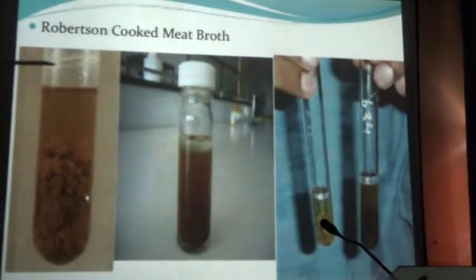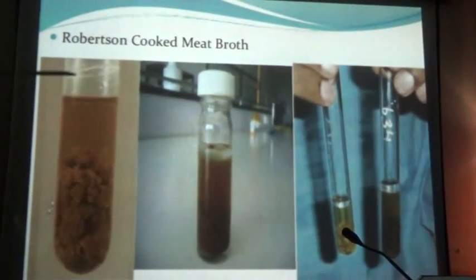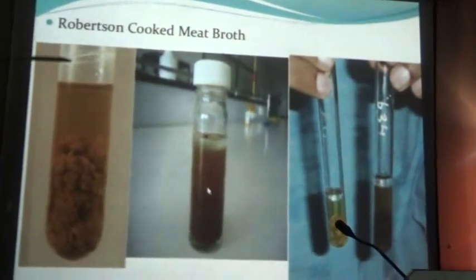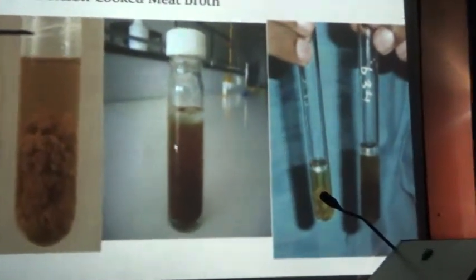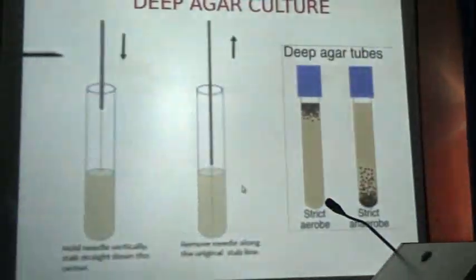This is Robertson's cooked meat medium. These are the meat pieces in the broth, and this is the growth which has come inside here. The same thing has been shown in this other picture. This is the Robertson's cooked meat broth.